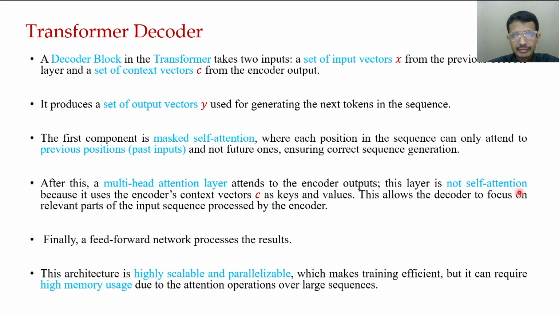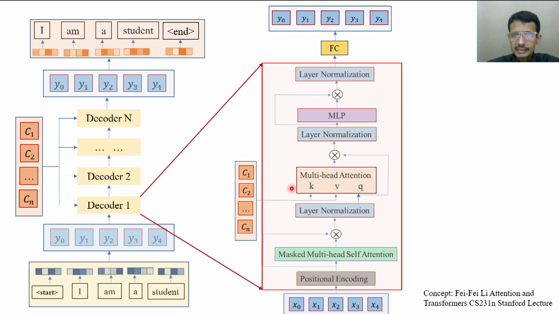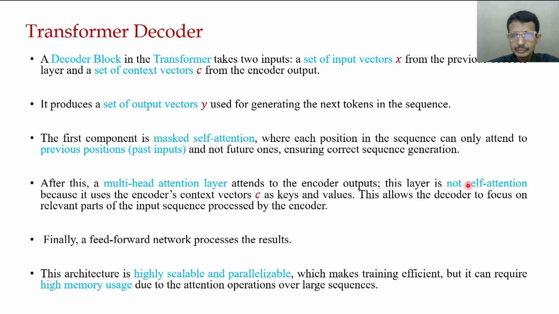This layer is not self-attention because it uses the encoder context C. As we said, this is C and this is Q. C gives keys and values, and this allows the decoder to focus on the important parts of the input sequence. Finally, a feed-forward network processes the result.